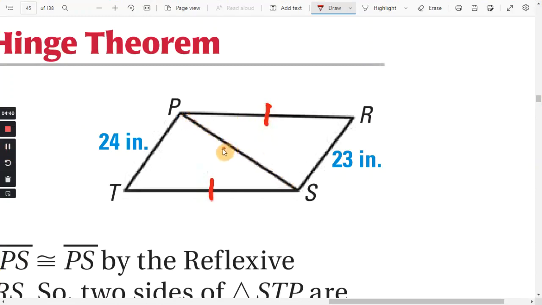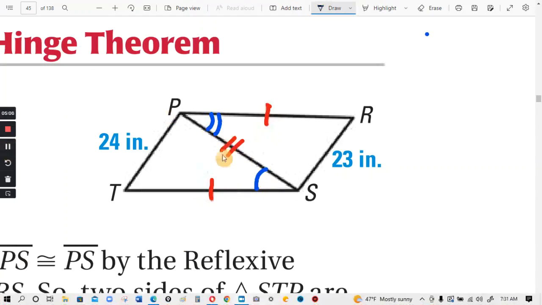So I can mark that one congruent. All right. And we want to compare this angle right here versus this angle right here. So please look at that and tell me which one is the greater measure.